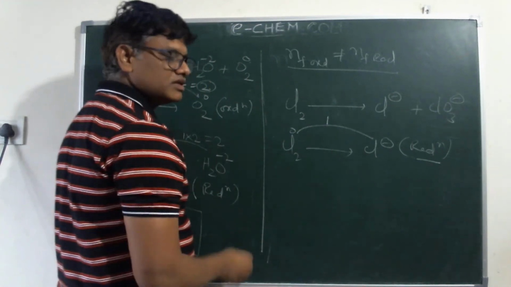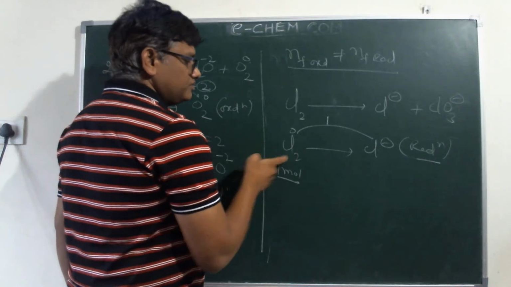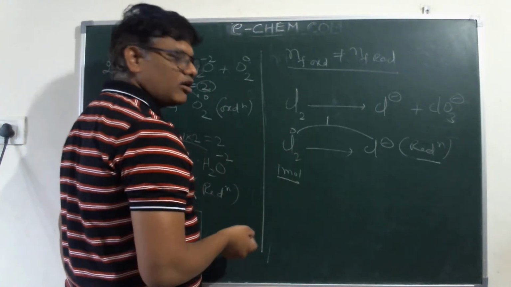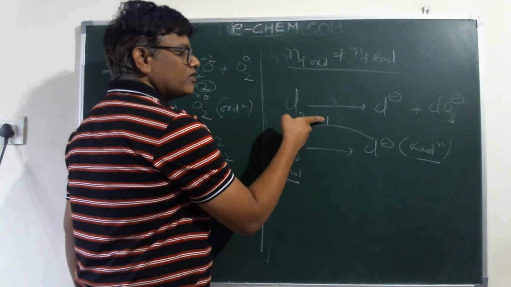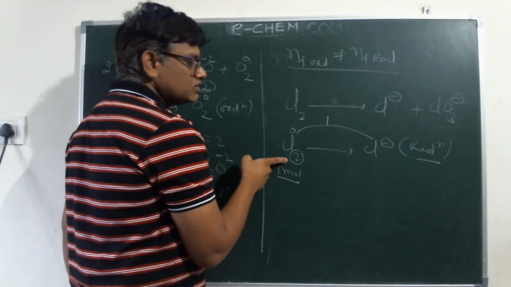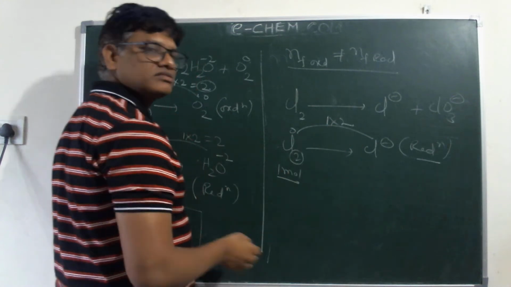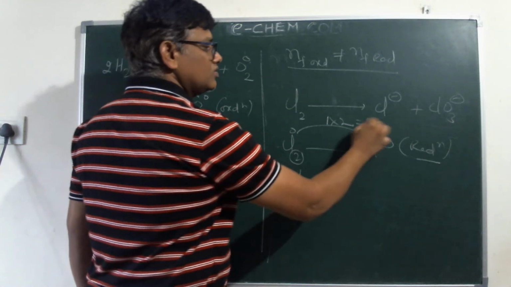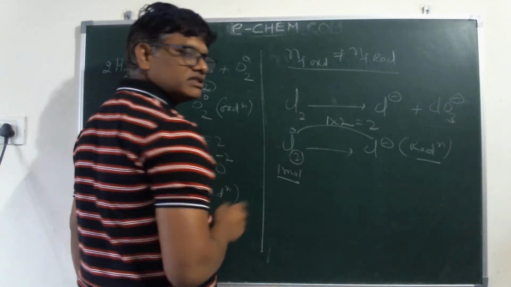For 1 mole of the compound, 1 chlorine changes by 1 unit, but 1 mole of the compound has 2 chlorines, so you multiply by 2. That is equal to 2. So this is the n factor for the reduction half reaction.